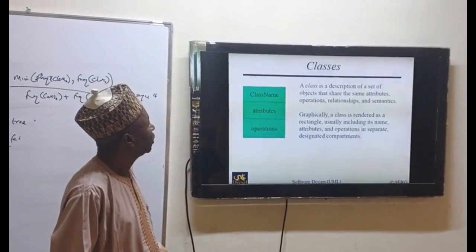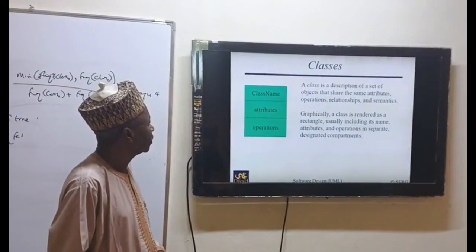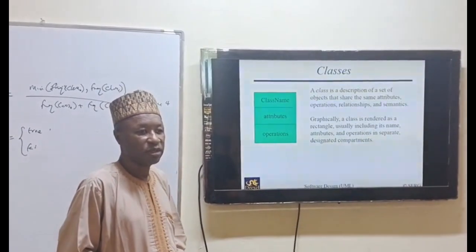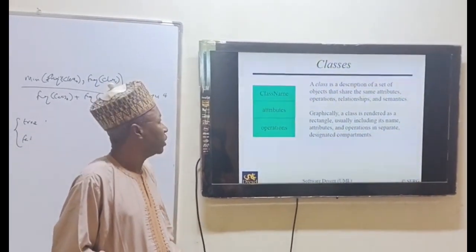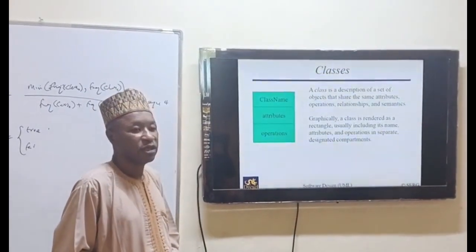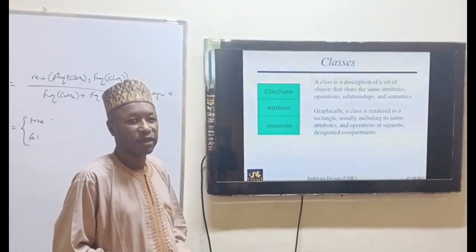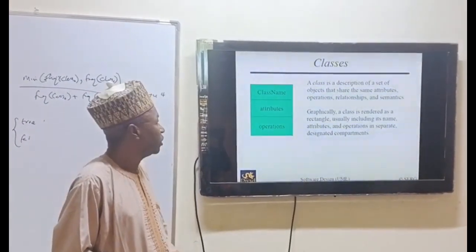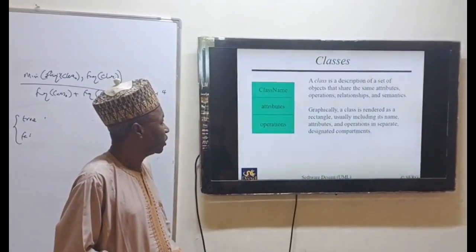So, in this next slide, we are talking about classes. A class is just a representation of objects that have similar behavior. So a group of objects in a program like Java can be depicted, represented, or implemented by means of a class.